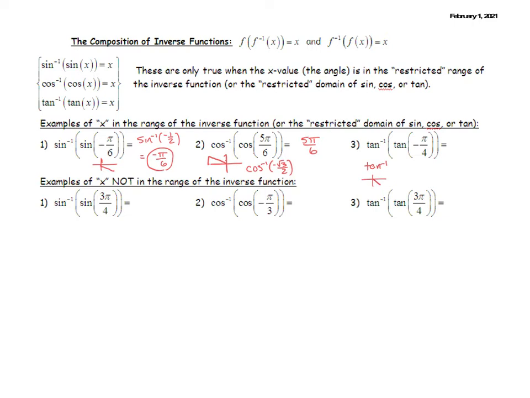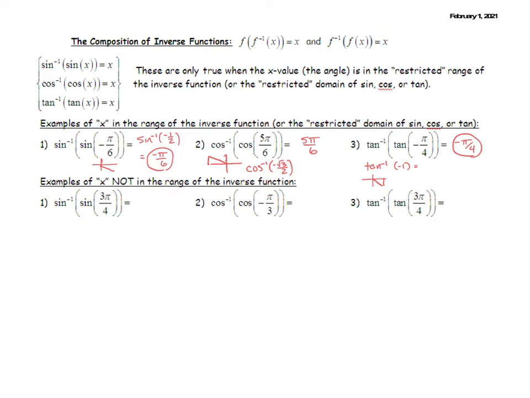Negative pi over 4 is in the fourth quadrant, and the tangent of that is negative 1. So we have the inverse tangent of negative 1, which of course is negative pi over 4. All of those work nicely as being the composite of inverse trig functions.